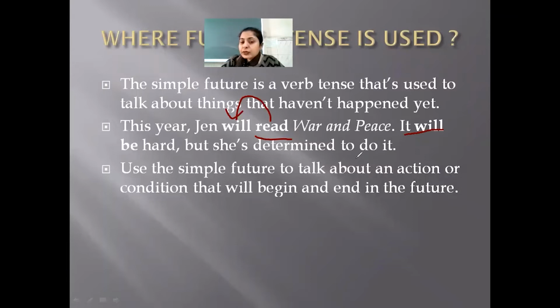Now, use the simple future to talk about an action or condition that will begin and end in the future. It means the action has not started till this time and it will start and end in the future. So I hope the usage is clear to everyone.